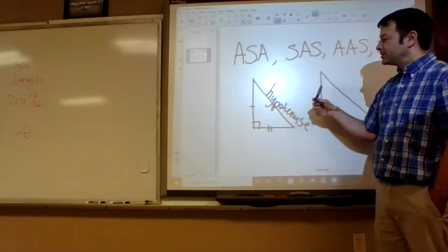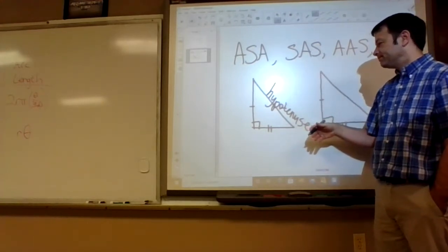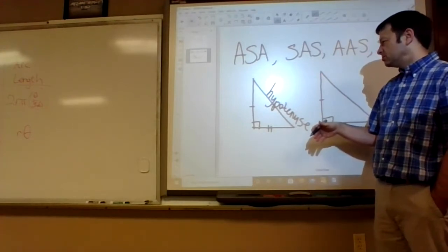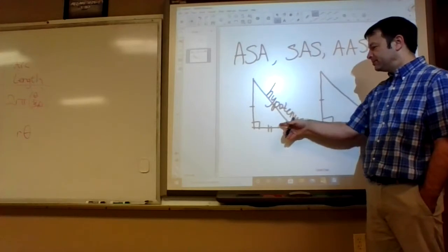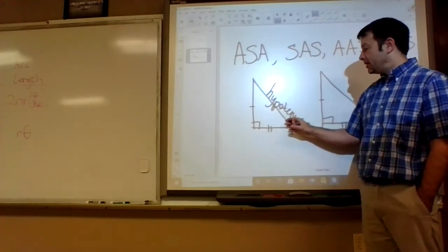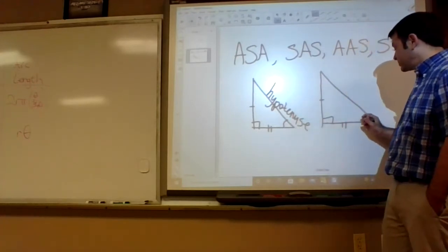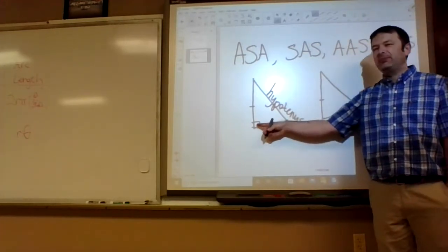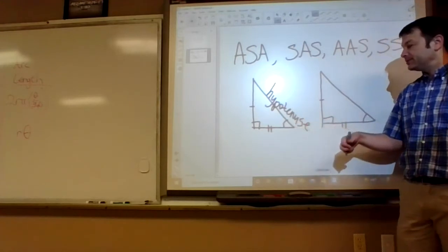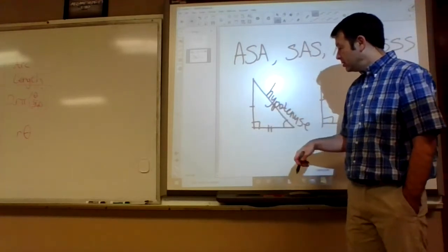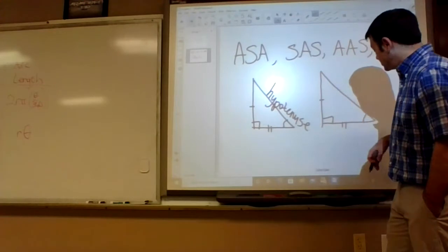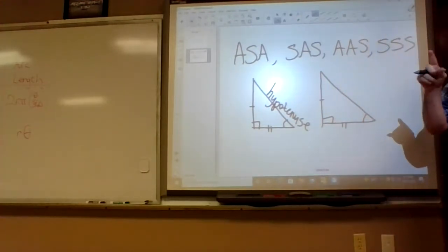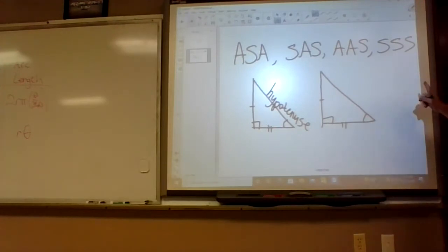There are some other ones too. Leg, angle also works. If we did leg, angle, with these angles being the same, we know they're 90 already, so it'd basically be angle, side, angle. But there is one thing that works on a right triangle that doesn't work on any other triangle.